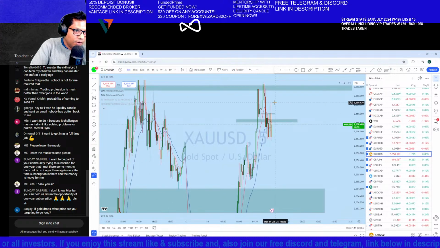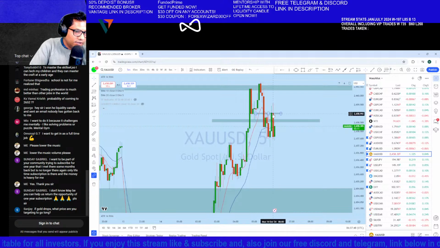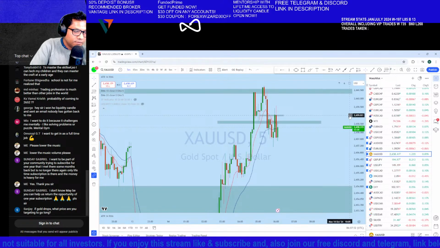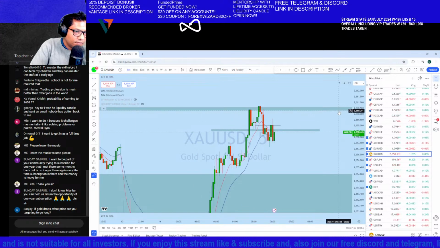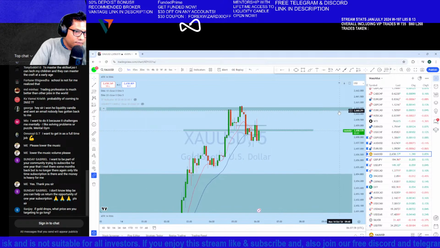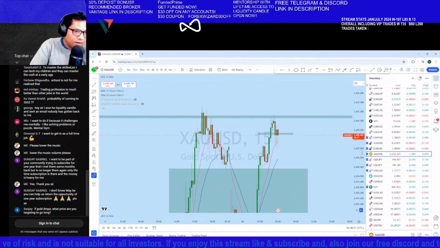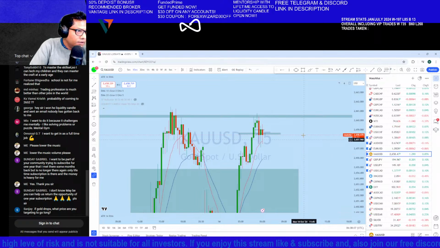Okay, so a long red candle followed by a pullback here. The way it is heading, I think this is the 15 minutes.